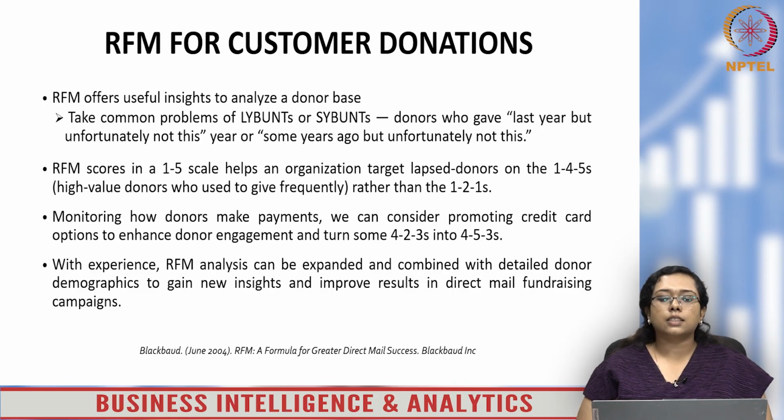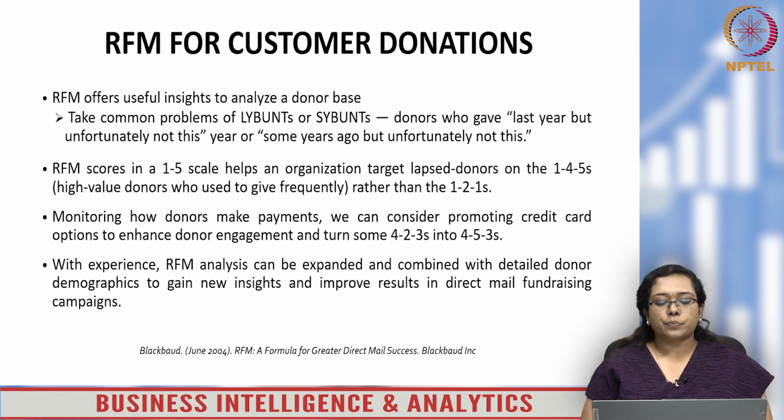But frequency is 4 in the first one. So the first donor is more frequent and is making a high net worth purchase because his monetary value is scaled to 5. So we can prioritize the 145s rather than the 121s, whose RFM values are just 1 for R, 2 for F and 1 for M.